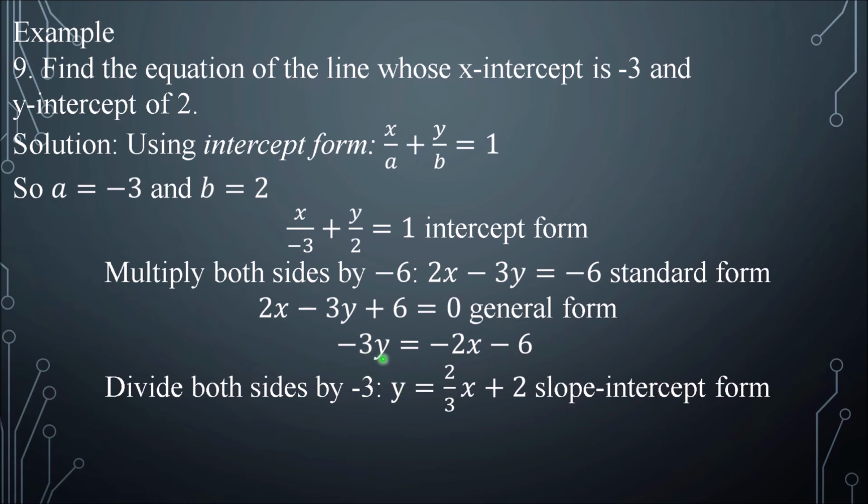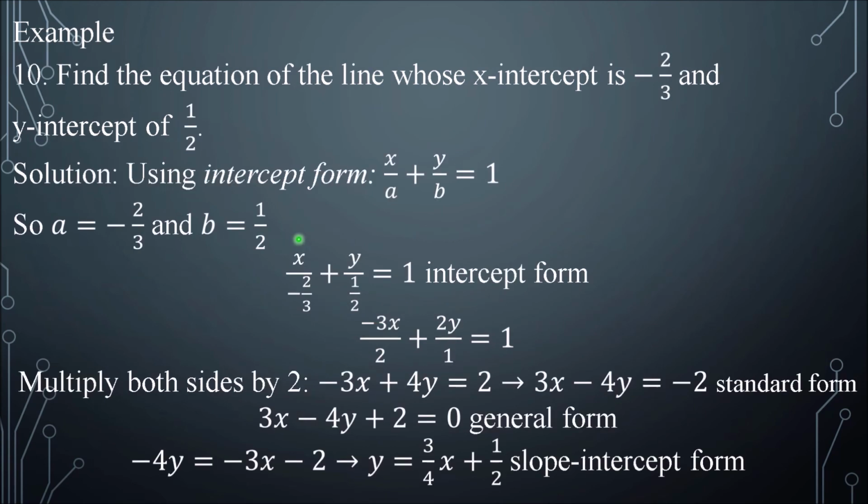Negative 3y divided by negative 3 is y. And then negative 2x divided by negative 3 is 2/3 x. Negative 6 divided by negative 3 is positive 2. And that's it. This is the slope-intercept form, wherein the slope is 2/3 and the y-intercept is 2.